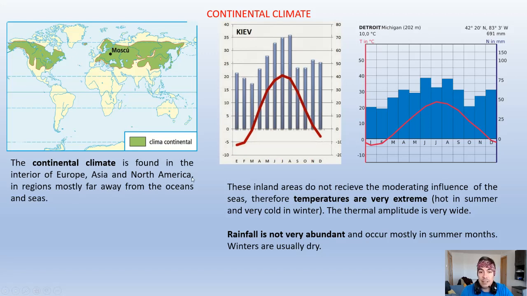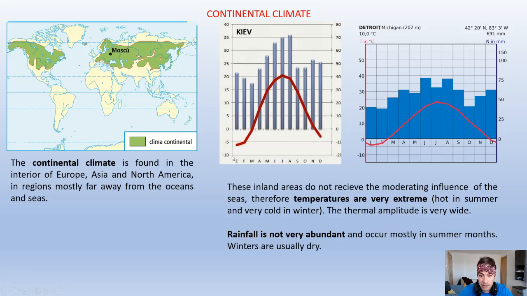So these inland areas do not receive the moderating influence of the seas. Remember that the seas affect the temperatures. So therefore the temperatures are very extreme, very hot in summer and very cold in winter. Therefore, the thermal amplitude is very wide.